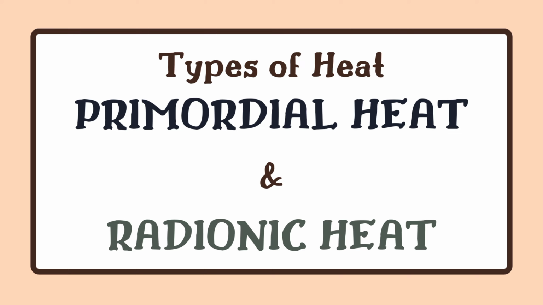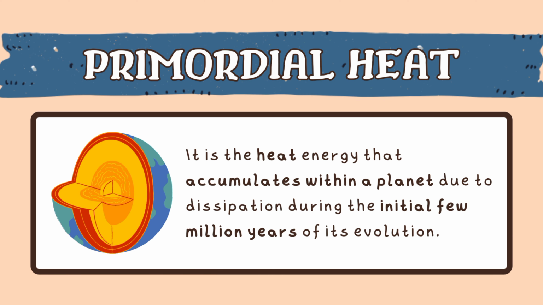Following that, we have two types of heat, which are the primordial heat and radiogenic heat. During the early formation of the Earth, the internal heat energy that gradually gathered together by means of dispersion in the planet during its first few million years of evolution is called primordial heat.